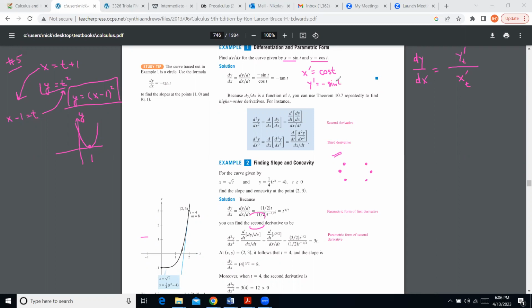And then what you need to do to produce dy dx is divide one derivative by the other. And that's what I guess is kind of unusual. So you take y prime, which is negative sine, and you divide by x prime, which is cosine.